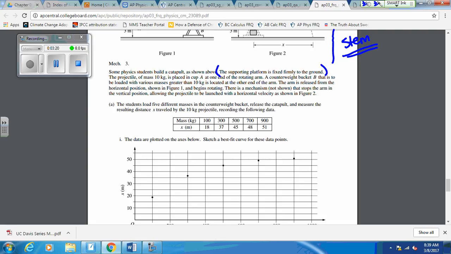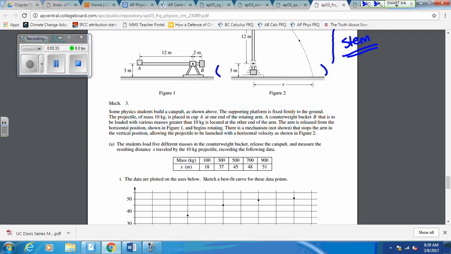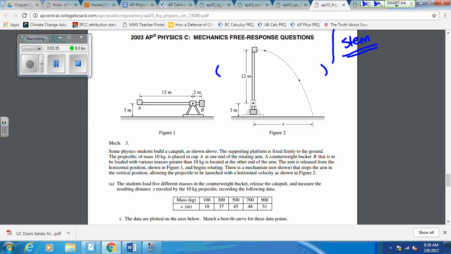So the purpose of this sentence right here is to help focus our attention on some stuff. The projectile of mass 10 kilograms is placed in cup A at the end of the rotating arm. What is that word rotating doing for you? What kind of direction are we going in? Yes. We knew that it was rotating right here, but by drawing our attention to it, it now sparks all those thoughts about rotation.